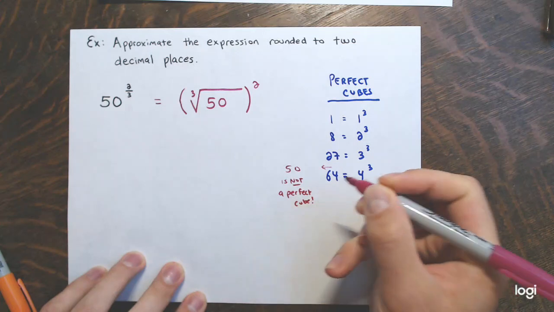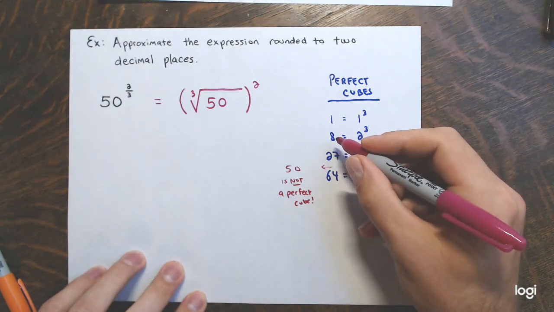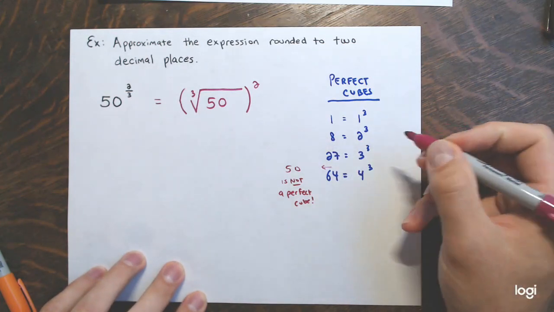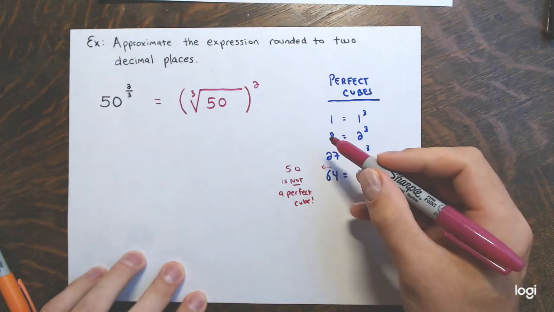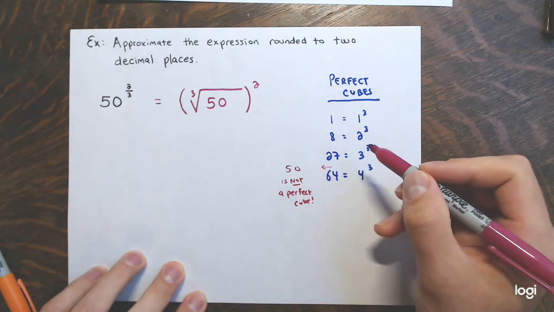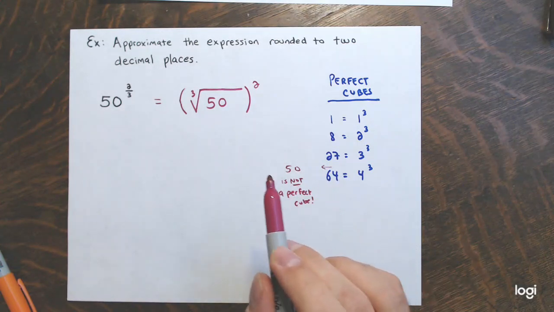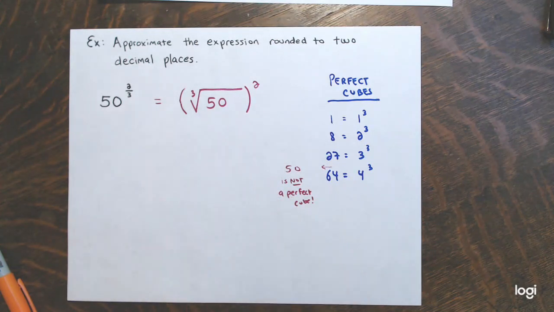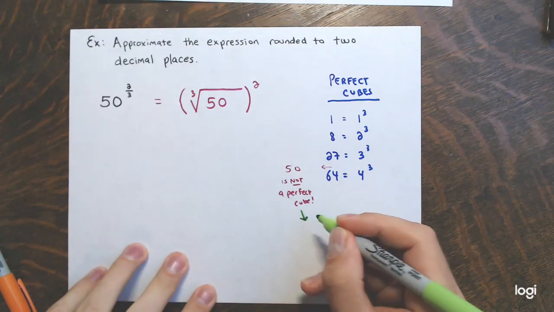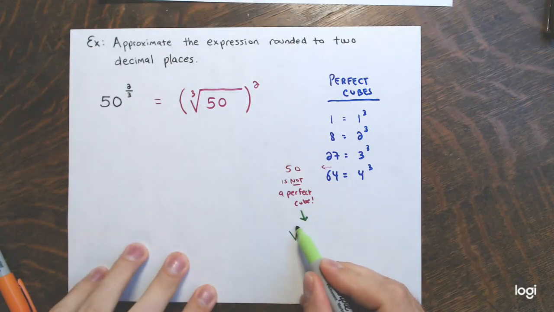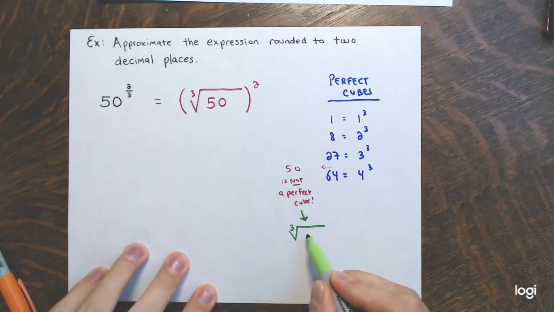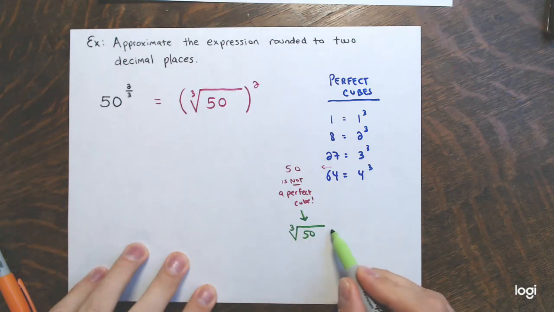All right, and of course you could do any ratio of these, like the fraction 1/8 would be a perfect cube. You could write that as 1/2 cubed, right? And 8/27 would be 2/3 cubed and so on. But 50 is not on this list. So because of that, the cube root of 50, and again, we've seen this in previous videos, is not rational.